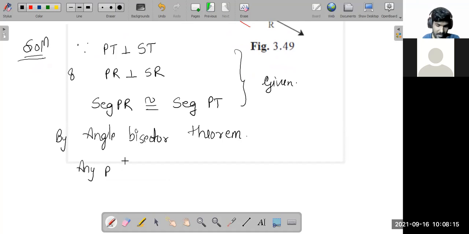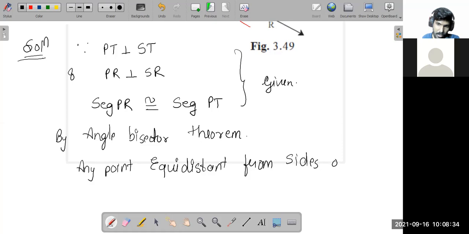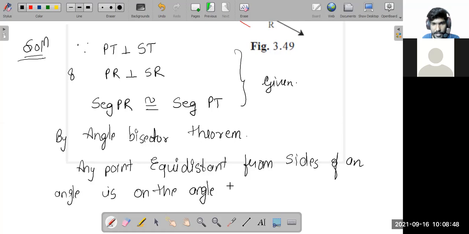That was a converse. Any point equidistant from sides of an angle is on the angle bisector.